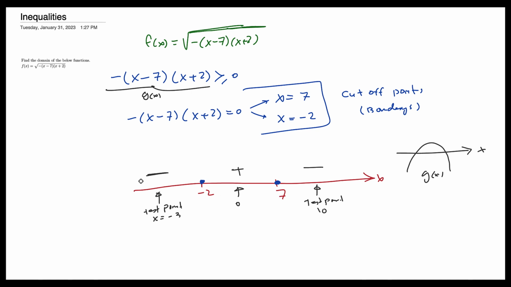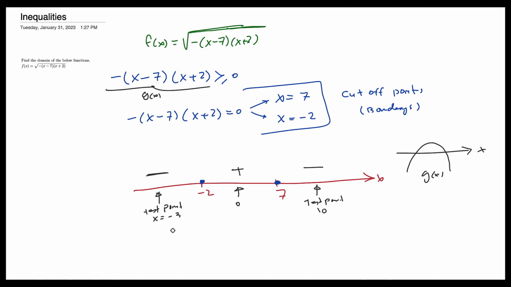Before negative 2 it's negative, after 7 it's negative, and in the middle it's positive. So for this specific question, I could have just used the shape of the parabola, the quadratic polynomial, to figure it out. I didn't really need to do test points. This is really useful in Calculus 1, to know the shape and then from there find the sign.